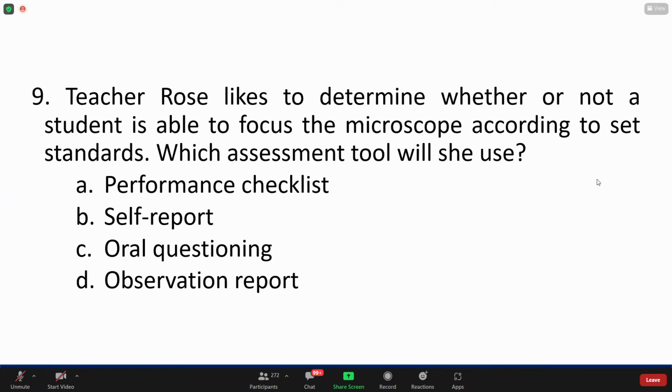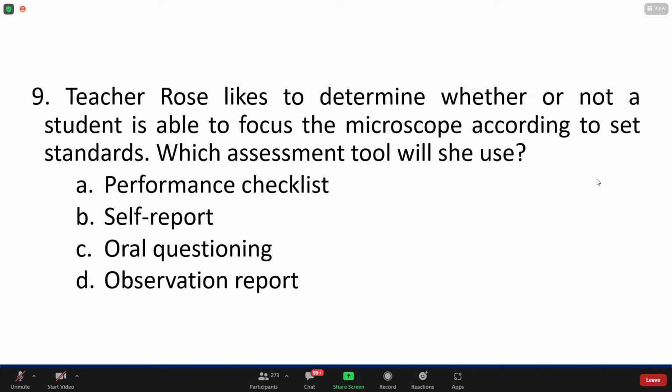Next, number 9. Would like to read and answer number 9. Let's have Dadis Christine Joy of BEd 4A. Miss Dadis, unmute yourself. Hello, Miss Dadis.